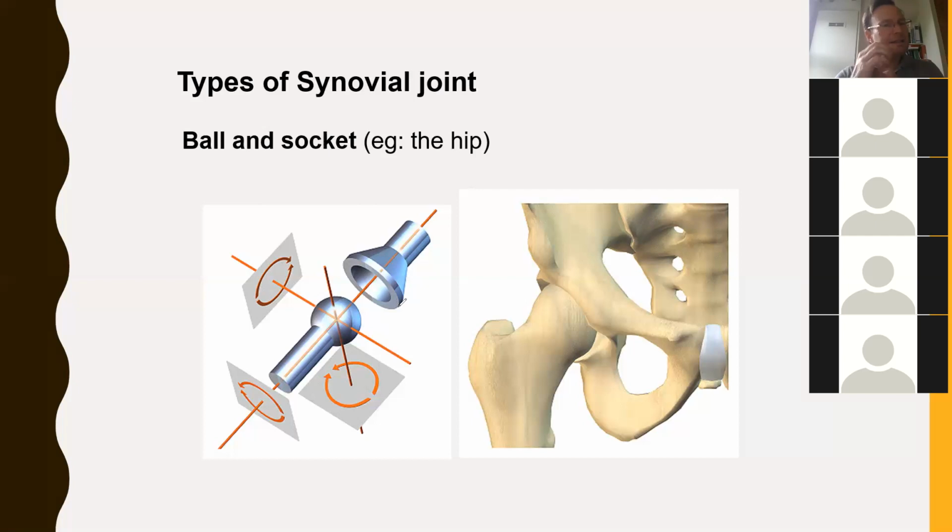So we've got a really deep ball and socket joint in our hip. We've also got one at our shoulder. But you hear people dislocate their shoulders quite a lot, don't you? And the key difference between these joints is that in the hip, the socket is very deep, and in the shoulder, the socket is very shallow. And this very shallow socket in the shoulder allows us this huge range of movement.